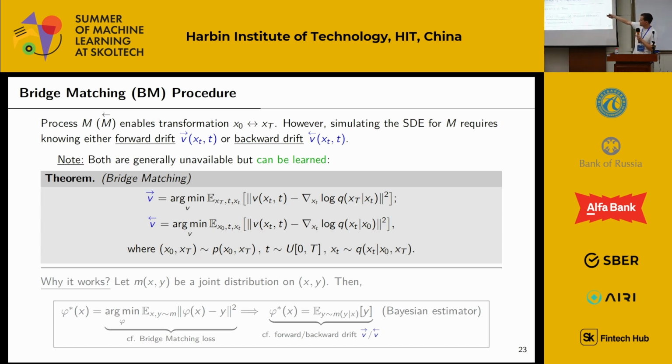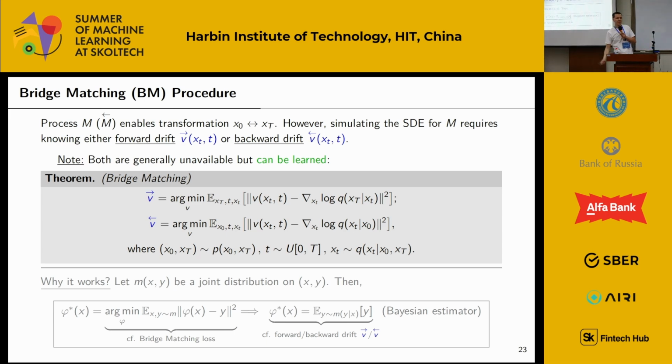But the main idea is you sample from your interpolation process, from your reciprocal process. You sample jointly the endpoint and intermediate point. You can do this because you can first sample the input point, endpoint, and intermediate point together. And then you regress your drift on some average score function, which is tractable and which is known.